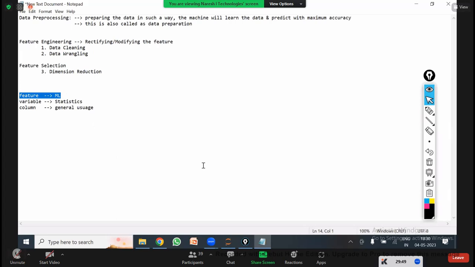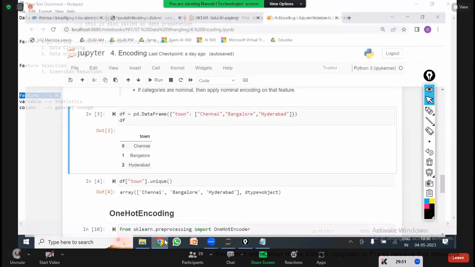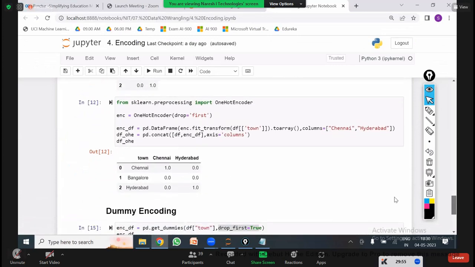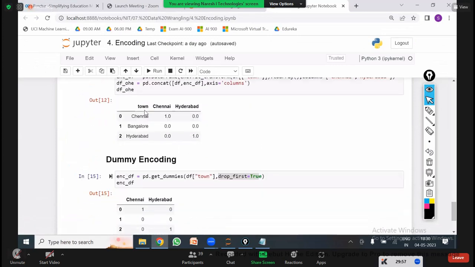Everything is the same. Simply to say, sir, here you have three columns. Here it is according to us a column name. For machine learning, it is the feature name. And this particular feature, you are going to do engineering on, in such a way that you are rectifying or modifying the data.